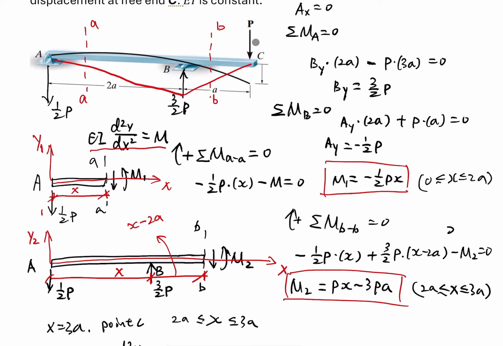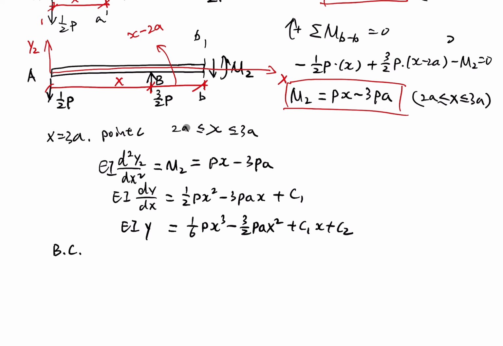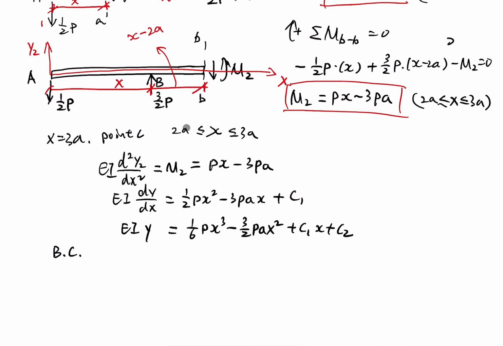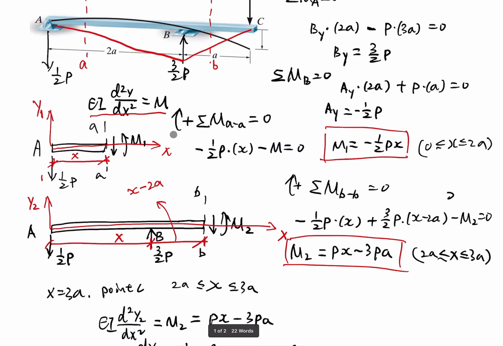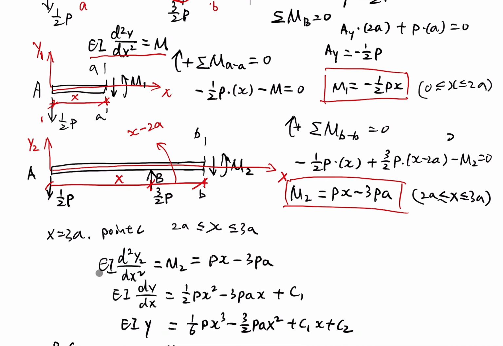So we can only have one boundary condition: at support B, x equals 2a, y2 equals 0. With just this one boundary condition, we cannot solve C1 and C2. That means we need other equations to help us solve these two unknown constants. Just by this equation, we cannot solve y2.